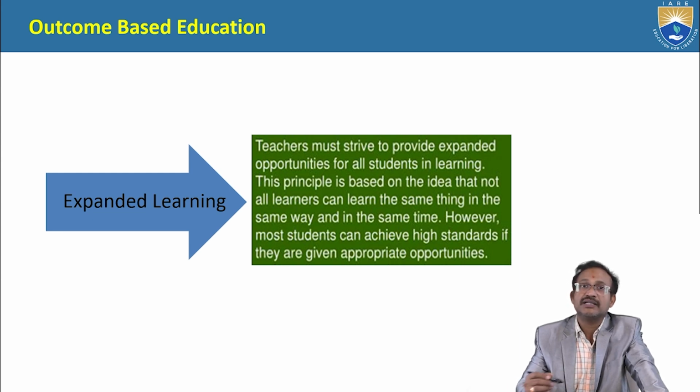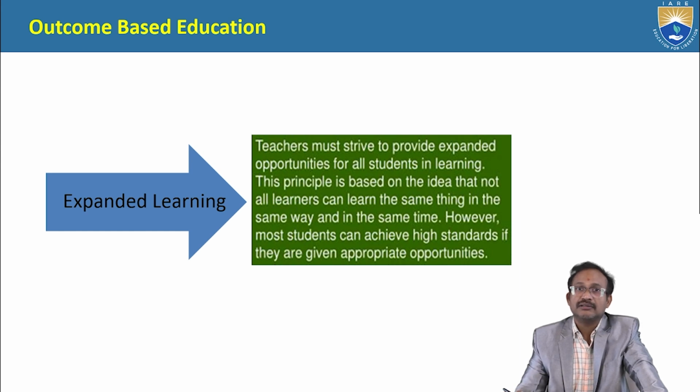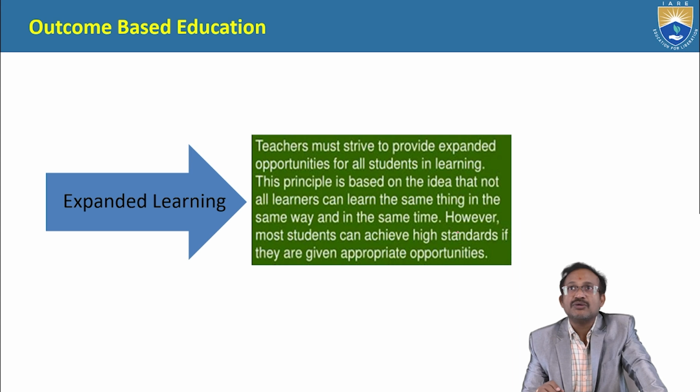So the teacher will have to plan for the appropriate content delivery to all the students. Why? Because here it is saying that most students can achieve high standards if they are given appropriate opportunities. That is an important line.